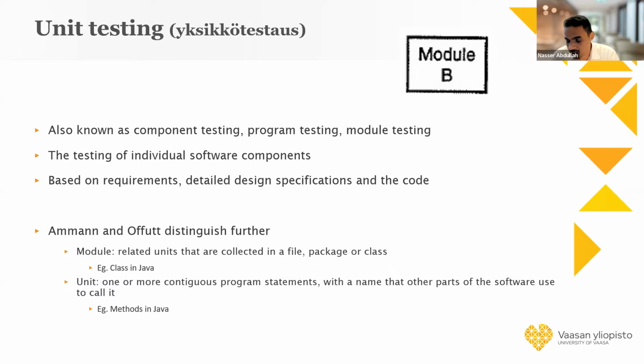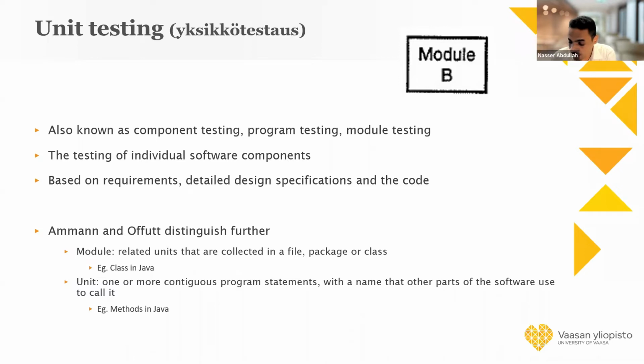The unit can be anything, any component of the system: a module, a class, a GUI, or a method. Anything in the system that you think can be tested by itself, individually, we can consider a unit, and then we can perform unit testing.